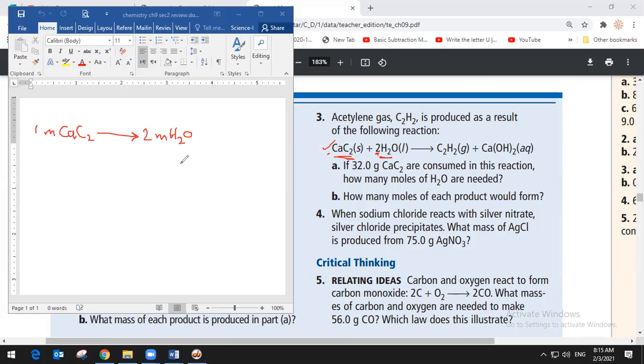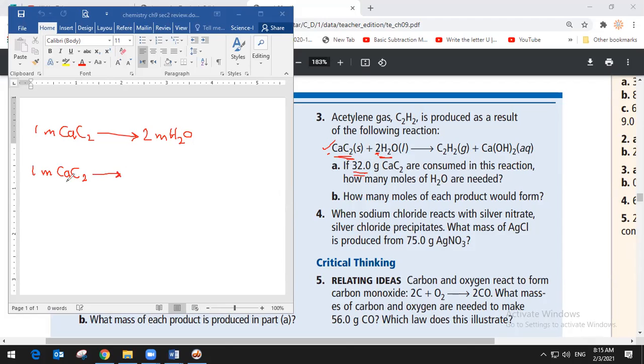Okay, so that's what we know. He gives me the CaC2 in grams, so I must convert these grams into moles. Good. So 1 mole of CaC2 equals how many grams? Let's find the mass.